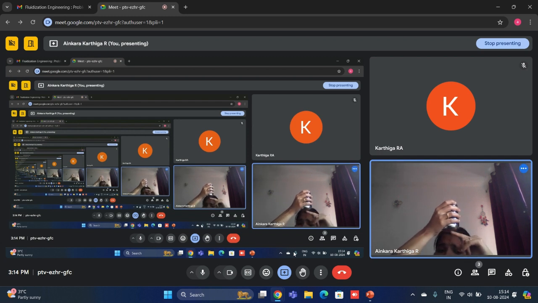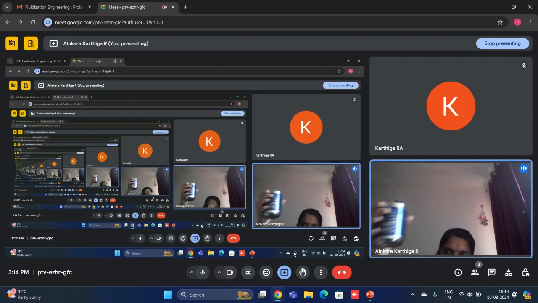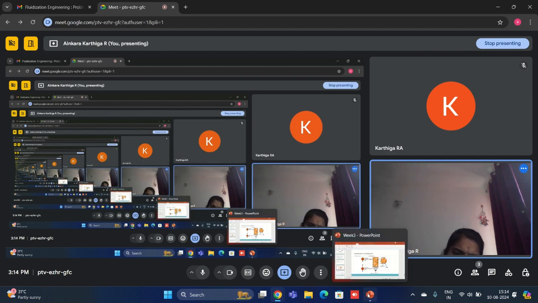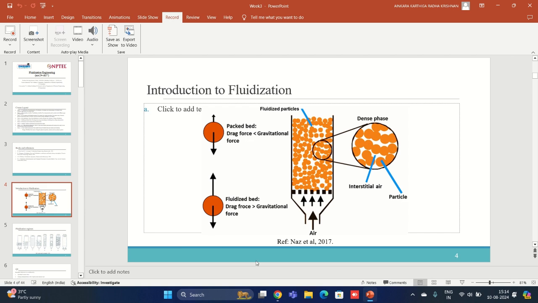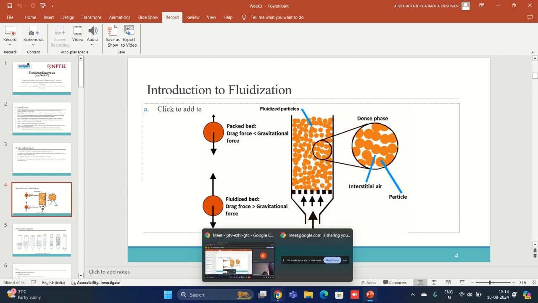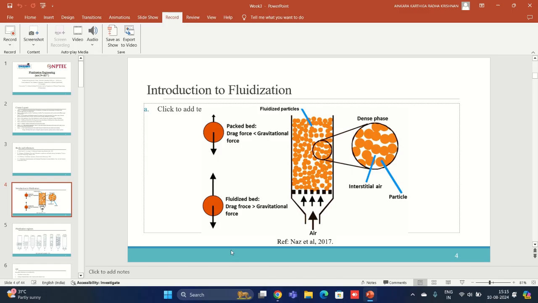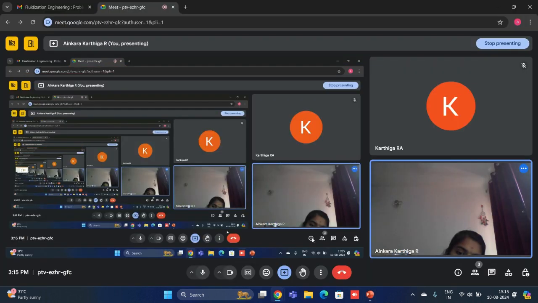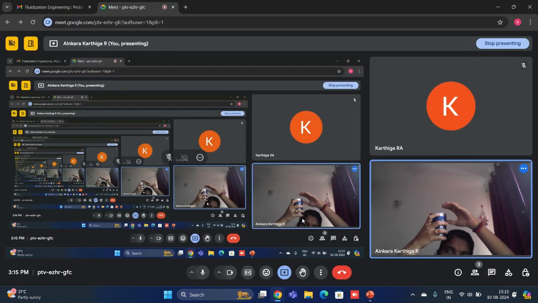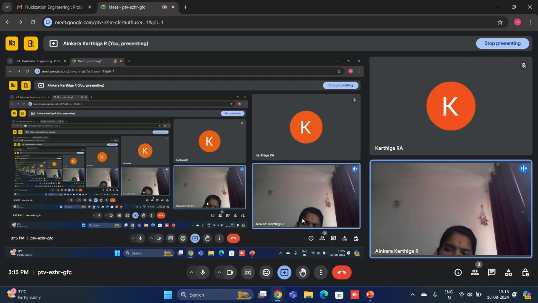And with increase in velocity, those particles would not start to move. Whereas in a fluidized bed, these particles would be moving, not exactly out of the bed, but these particles would be like fluidizing. That is what we call a fluidized bed.